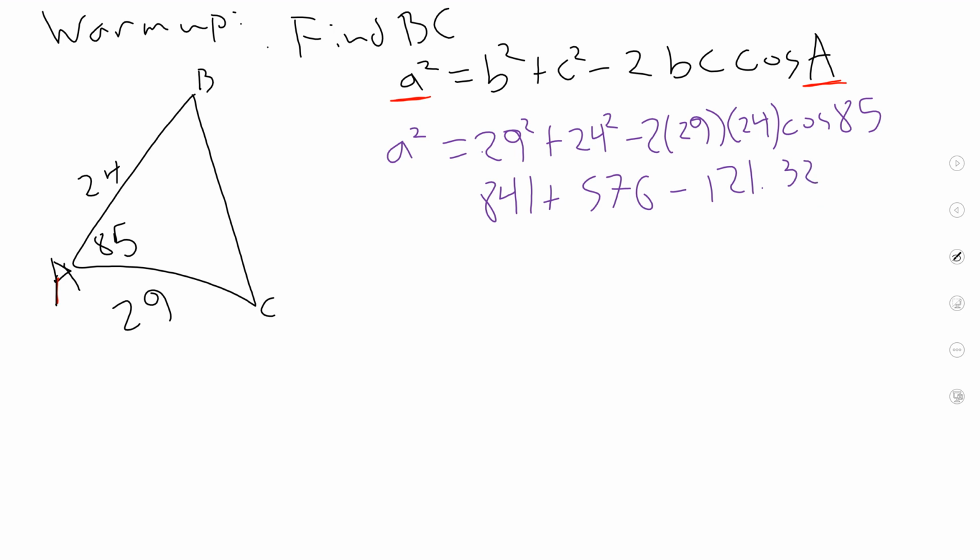All right, cool. And this still equals a squared. Then we just combine everything. So 841 plus 576 minus 121.32 gives us a squared. It's going to be equal to 1295.68. All right? And then we just square root both sides.